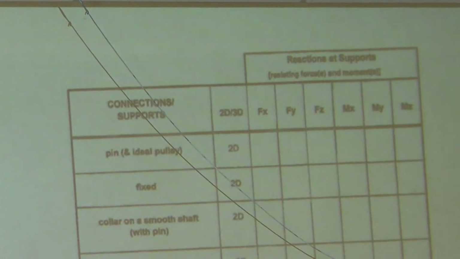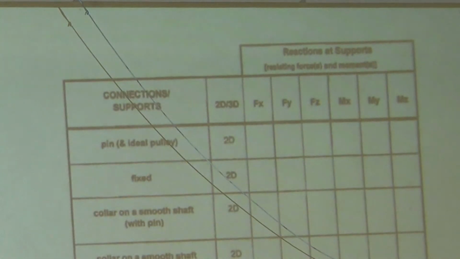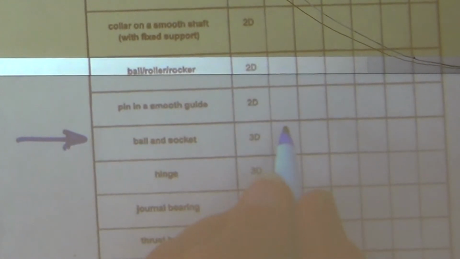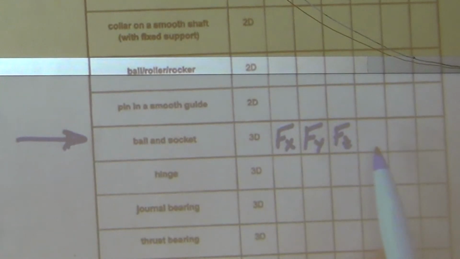So let's go down to the ball and socket joint, which we've done. We demonstrated it with something that we know and use all the time, the shoulder. Can a ball and socket joint resist a force in the X? Yes. Can it resist a force in the Y? Yes. Can it resist a force in the Z? Yes. Can it resist a moment in the X?